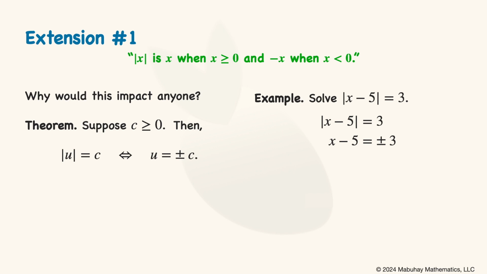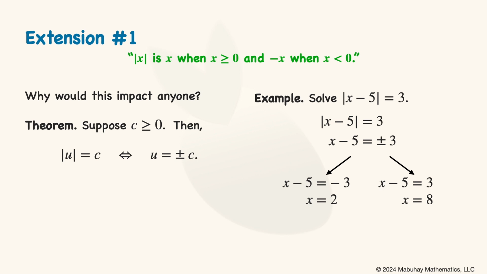This actually gives us two different equations. x minus 5 equals plus or minus 3. We can write that as x minus 5 equals negative 3 or x minus 5 equals 3. And we solve both of these equations. The first one on the left gives us x equals 2. The other equation on the right gives us x equals 8. And so the two solutions to this equation are x equals 2 or x equals 8.